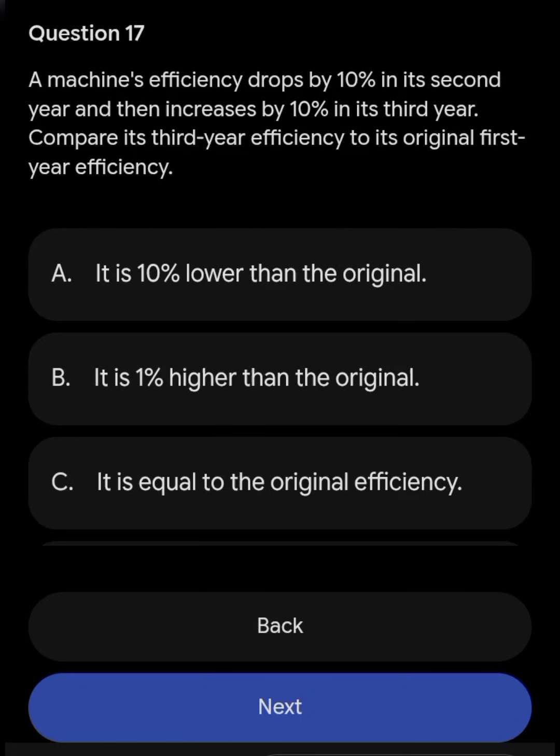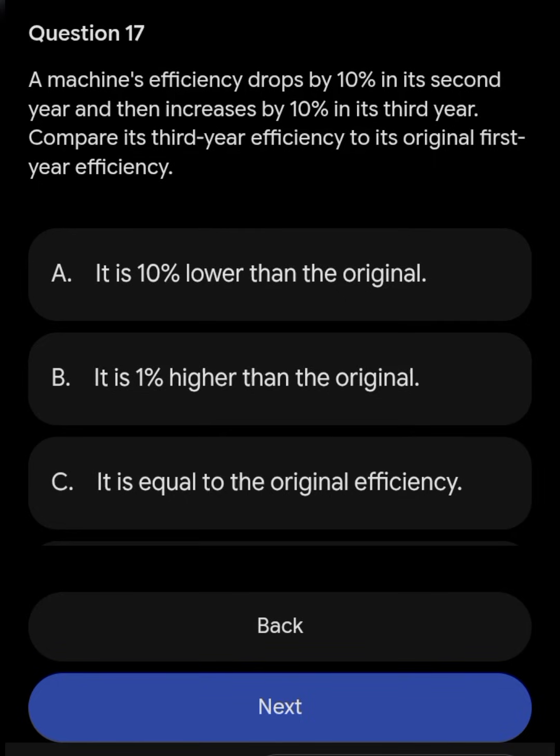The next question: a machinery's efficiency drops by 10% in its second year and increases by 10% in its third year, compared to its original first year efficiency. Let's take the first year efficiency as 100. In the second year it drops, so it will be 90.